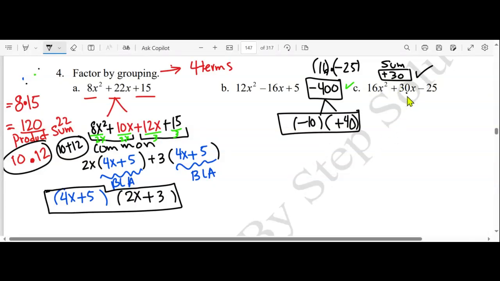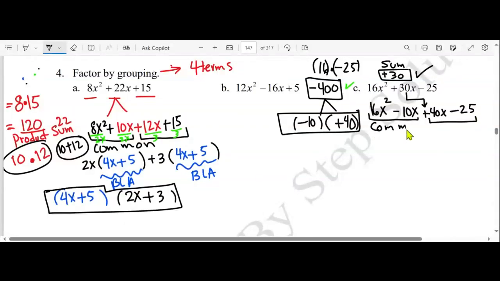Okay. So I'm going to split this into 2 terms. One is positive 40x, and the other one is negative 10x. And then I put the remaining one the same. Up to here is clear? Now I take the first 2, take the last 2.